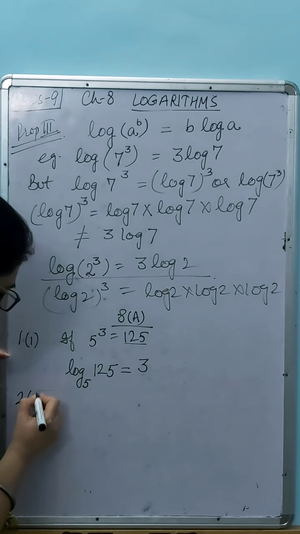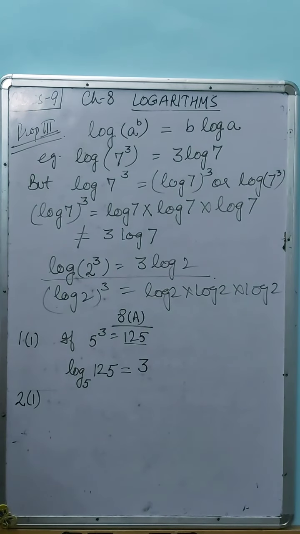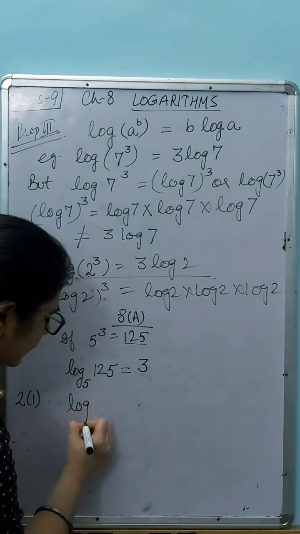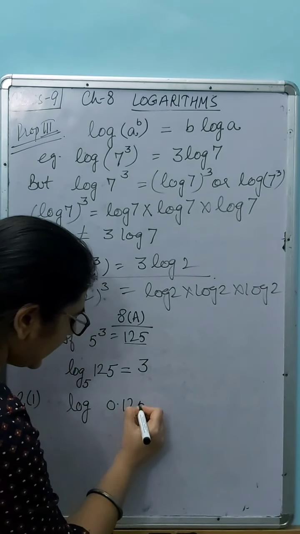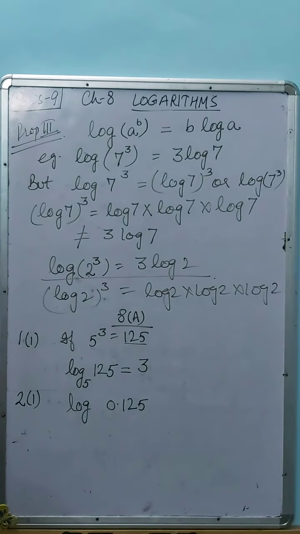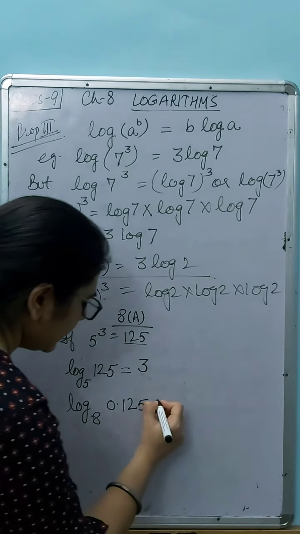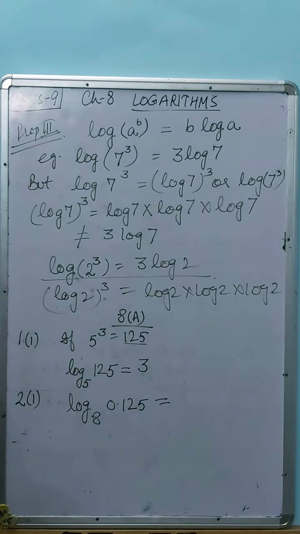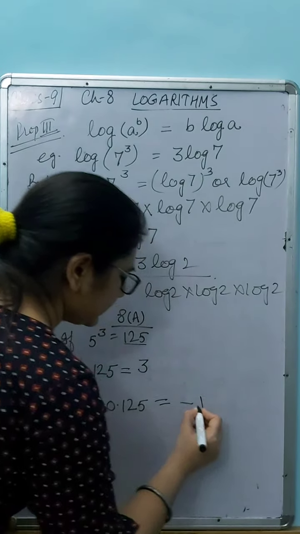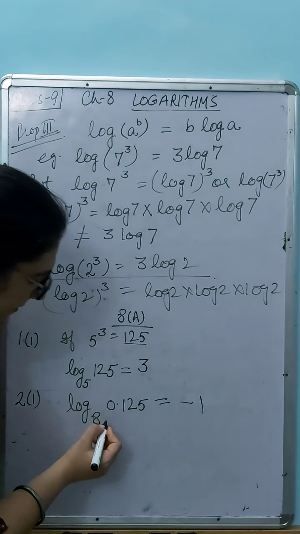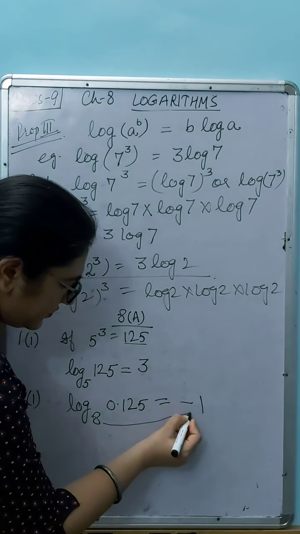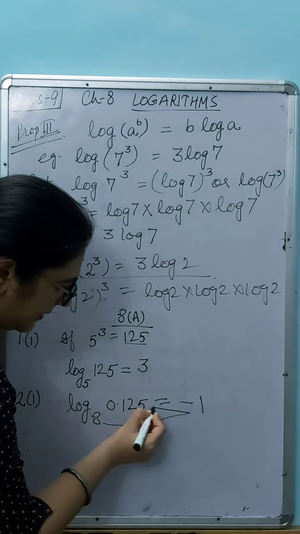Second question, first part. Log of 0.125 to the base 8 is equal to -1. So what step did I tell you for this? Start from here, move to this side of equal to and come back to this side.